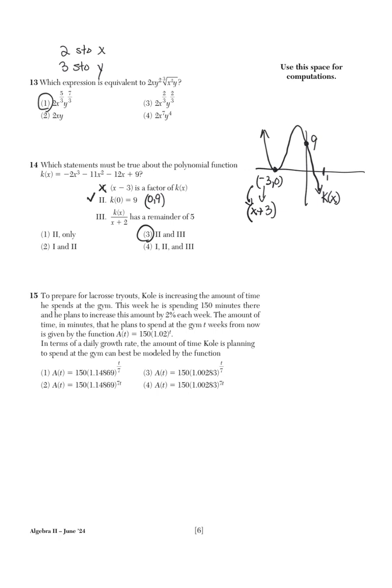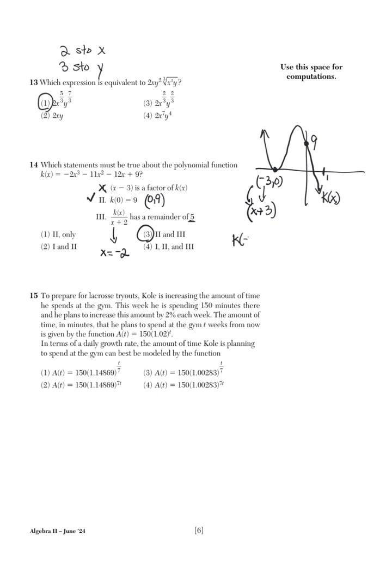All right, the last thing is this k of x over x plus 2 has a remainder of 5. Well, that's interesting. What that really means is if I were to plug in x equals negative 2 into my k of x equation, I should get 5. Okay, so let me show you.